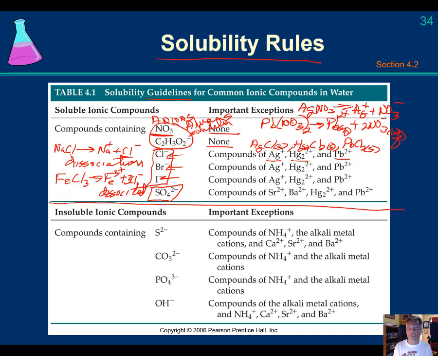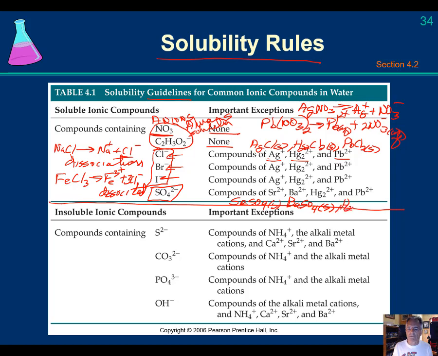These are the exceptions to that solubility. So strontium sulfate would look like this. That's going to be a solid. That could be a driving force. Barium sulfate looks like this. That can be a solid. That can be a driving force.